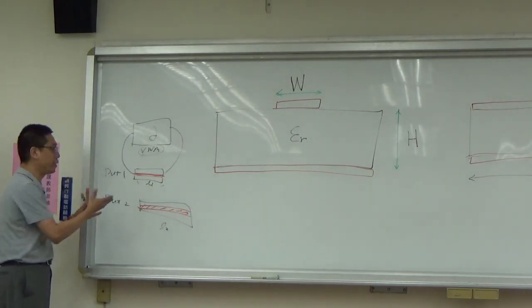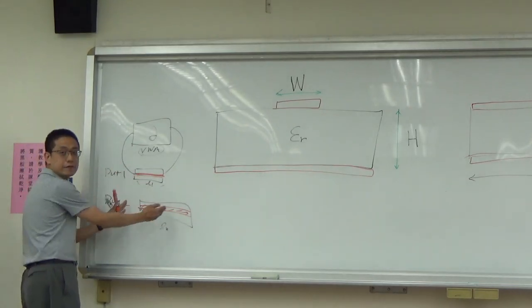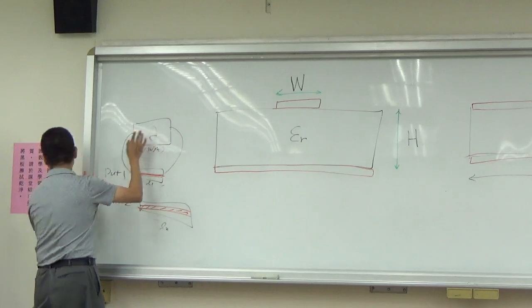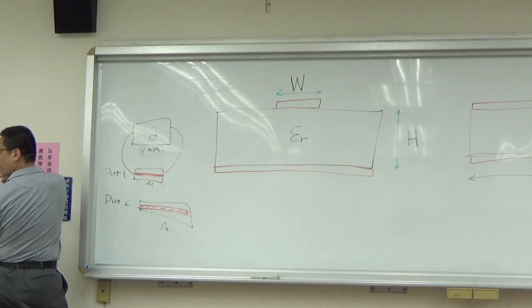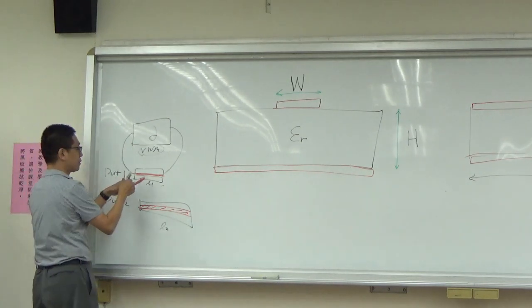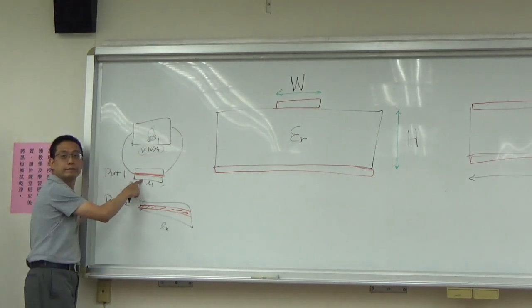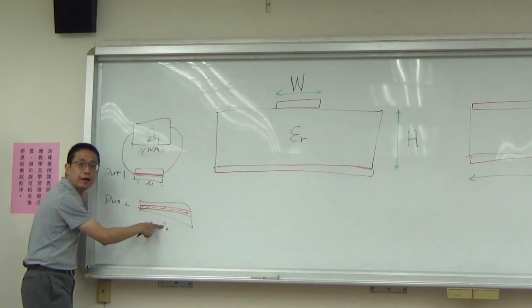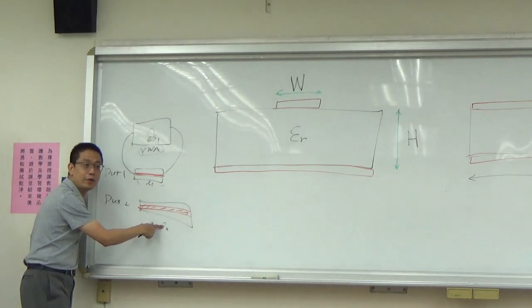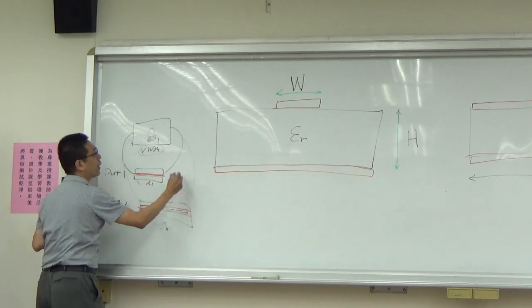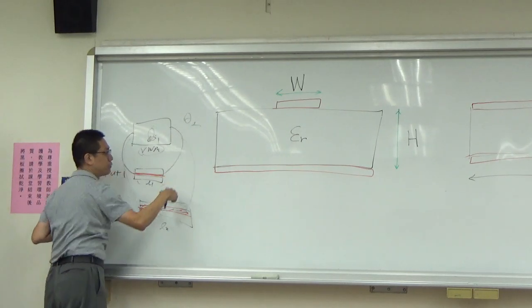I measure beta L1 of that and I get theta 1. And I measure another sample with a different physical length, and I get theta 2 for that.